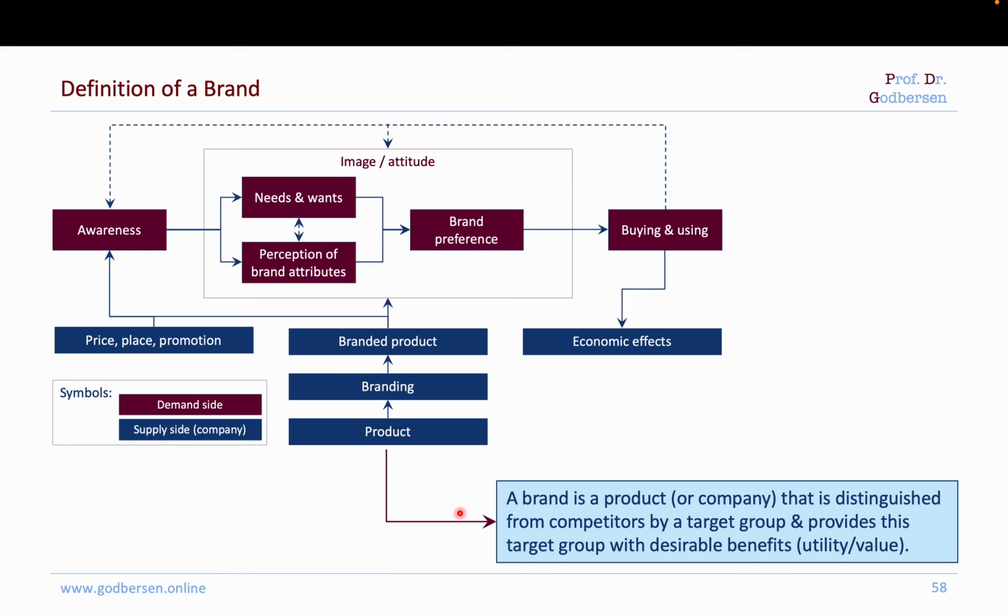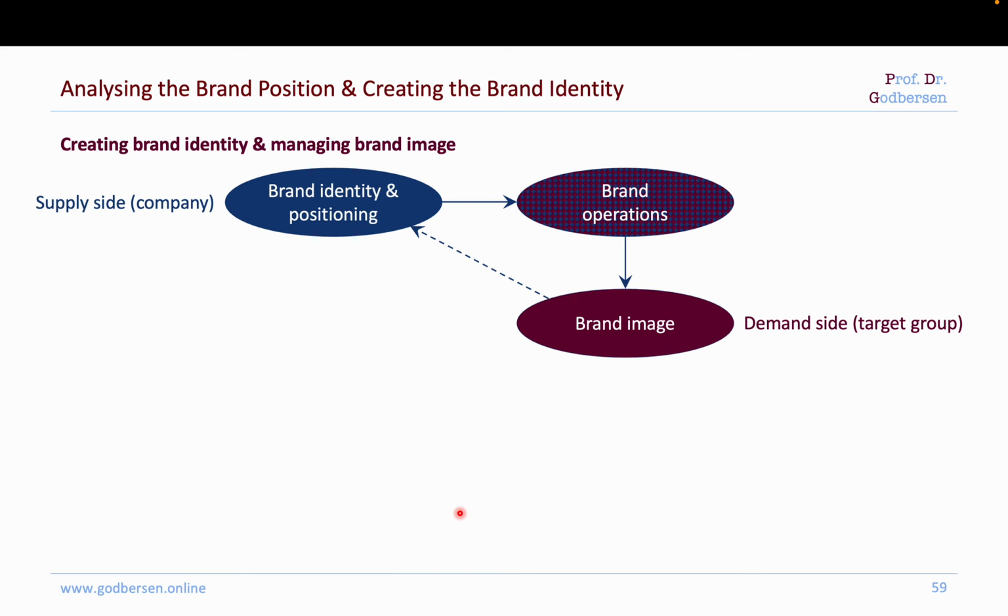How does brand management work? So again, in a simplified world, we want to bring a favorable brand into the hearts and minds of a target group. To this end, we design a brand identity, which is exactly what we want to bring into the hearts and minds of the target group. This is what we're doing in our company on the supply side. Then we translate this brand identity into brand operations, the product itself, the pricing, the distribution, our communication campaigns, and so forth.